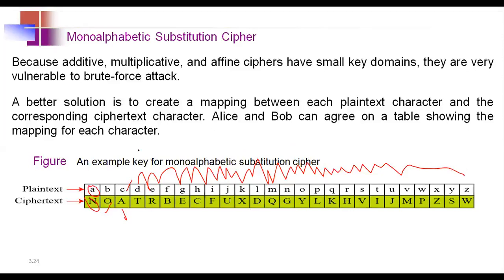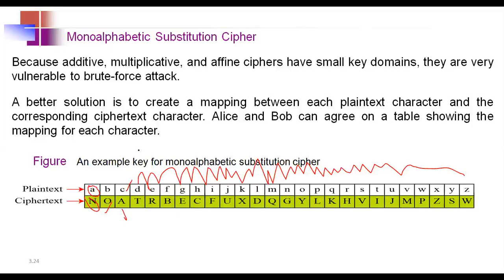So here see, each and every character has a separate mapping. There is no sequence. There is no pattern here. This is in a zigzag manner. This is the agreement between the sender and receiver. Suppose both parties have the agreement that the H character is mapped with X, or the E character is mapped with Z. Based on that agreement, at the time of encryption, they convert the plain text into ciphertext.